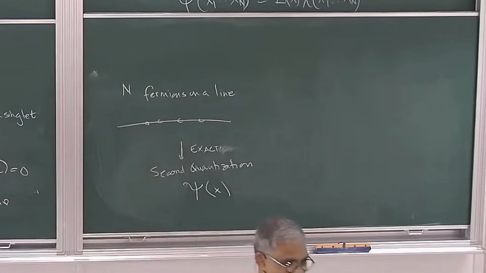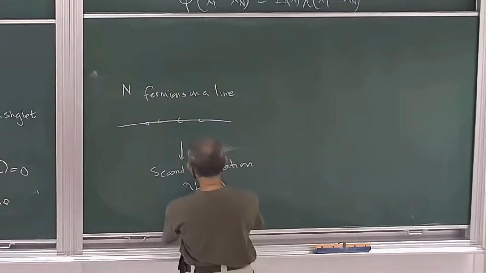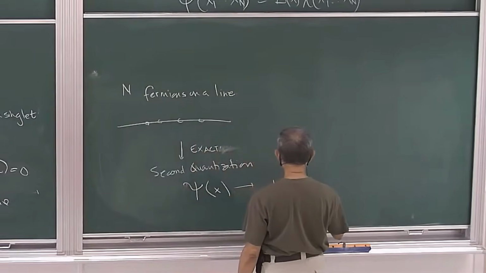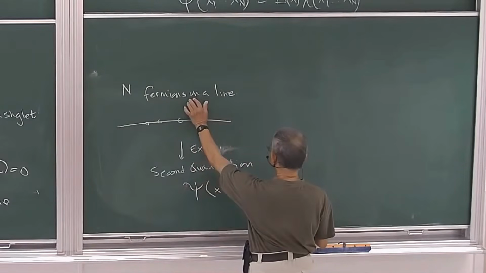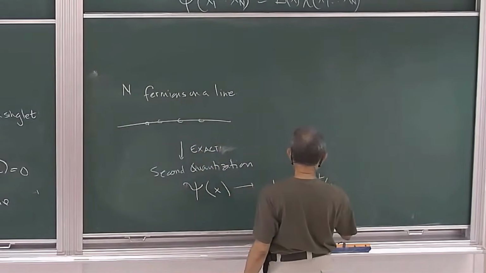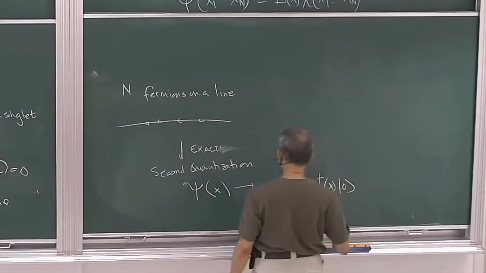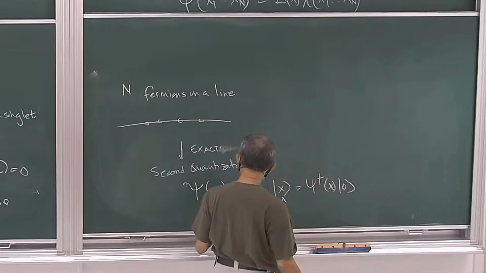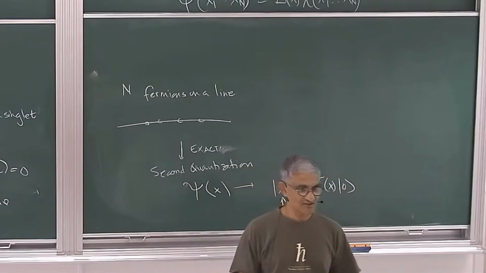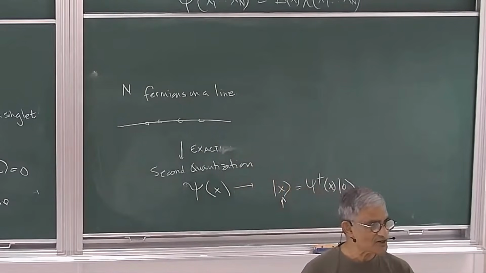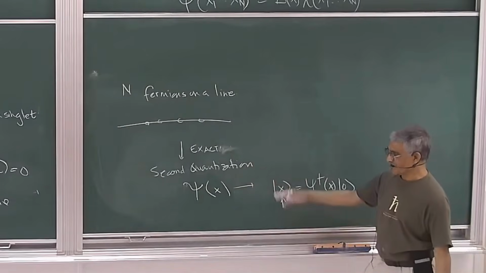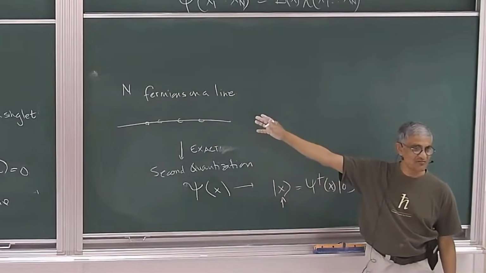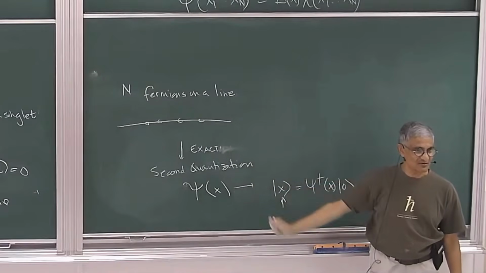Anyway, a single particle state of these fermions would be psi dagger of x acting on the Fock vacuum, and an n particle state is automatically described if you take this to have anti-commutation relations. The thing I wanted to emphasize is that this is no approximation; this is the exact rewriting of a many-body wave function in terms of second quantization.